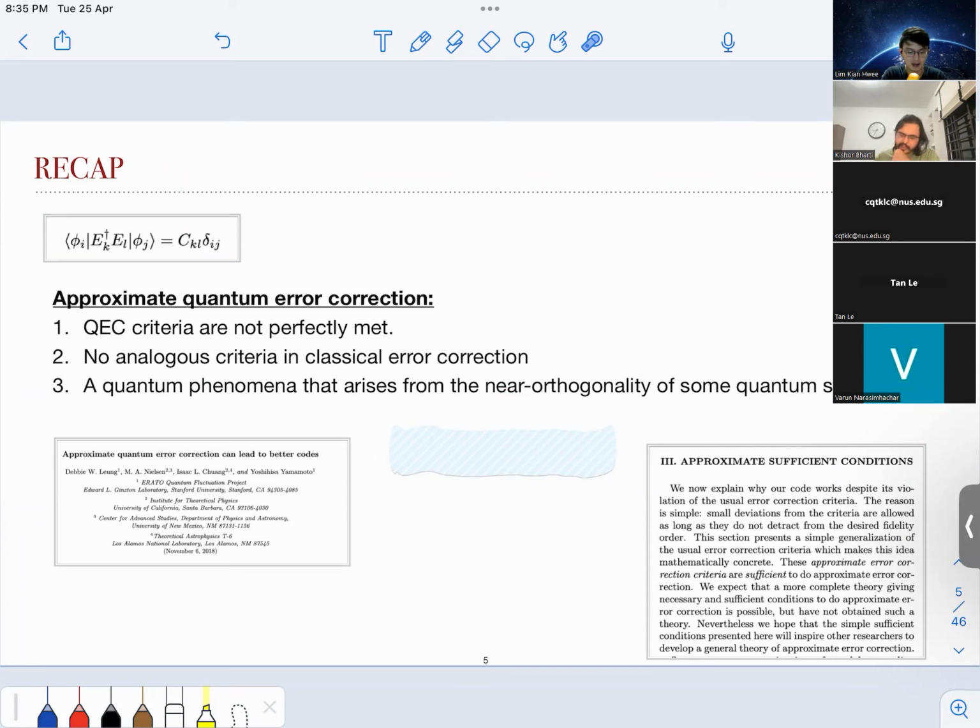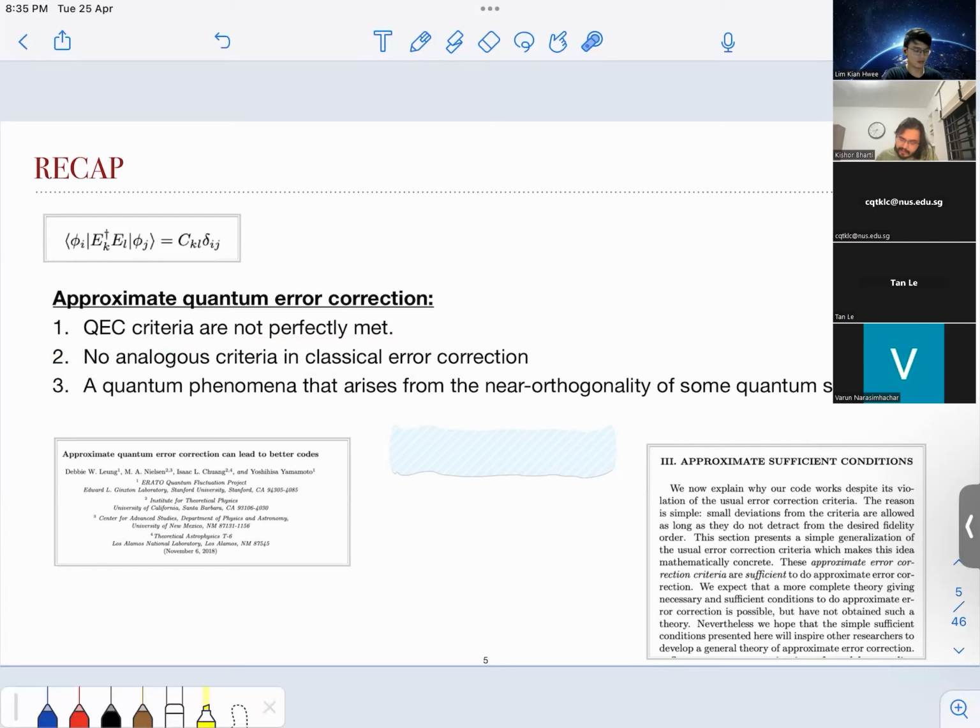We mentioned: what if these conditions are not exactly satisfied, can we still do error correction? Indeed, there is a notion called approximate quantum error correction, where the quantum error correction criteria are not perfectly met. And actually, there is no analogous condition in classical error correction.